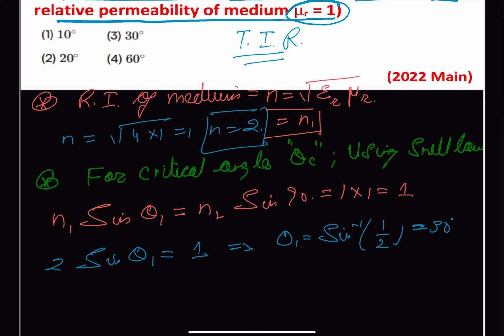And here let me write this as our critical angle, theta c, not theta 1. So we got our critical angle equal to 30 degrees.